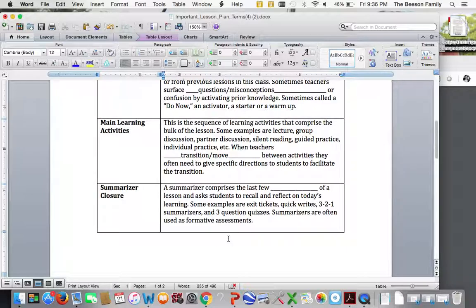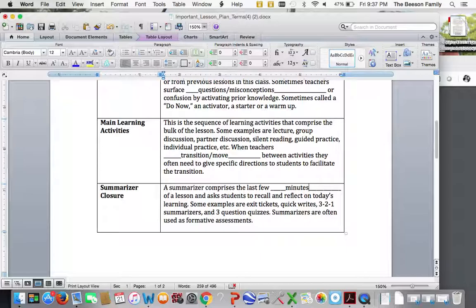Then at the end of the lesson, you'll have closure. You'll bring it all back together. So a summarizer might be the last few minutes of the lesson and ask the students to really think about, okay, what did we do today? What was the purpose of it? We can connect back to the mastery objective.